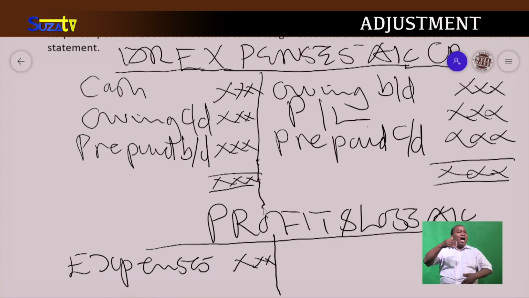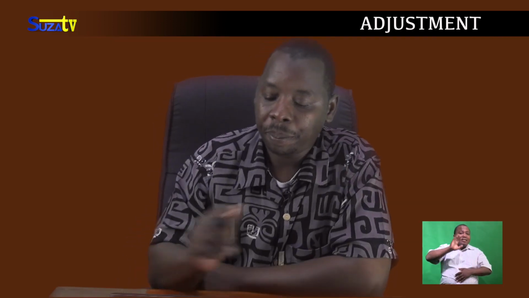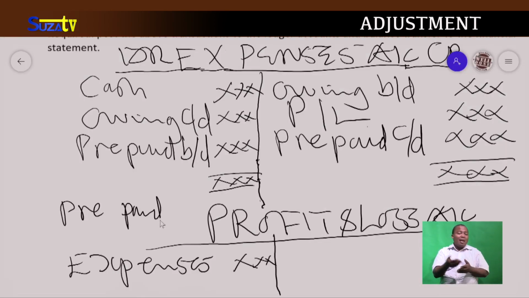After that, in the next year, the prepaid CD becomes a debit side and say that prepaid BD. For the next year, the prepaid CD becomes a prepaid BD. You put it on a debit side. And owing CD becomes an owing BD.